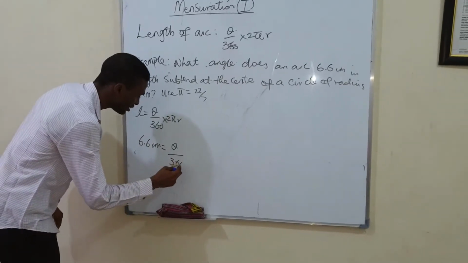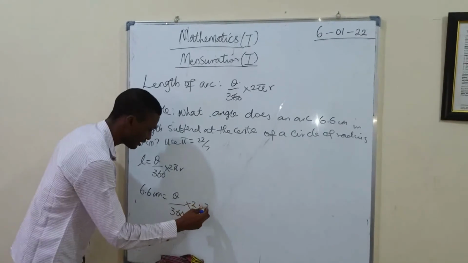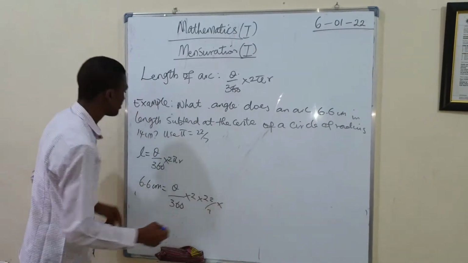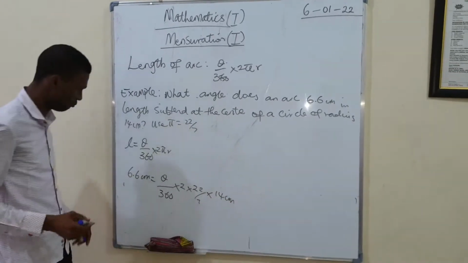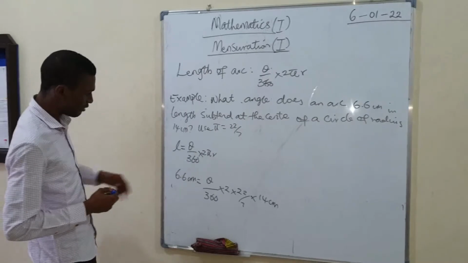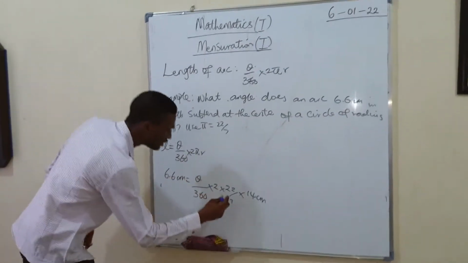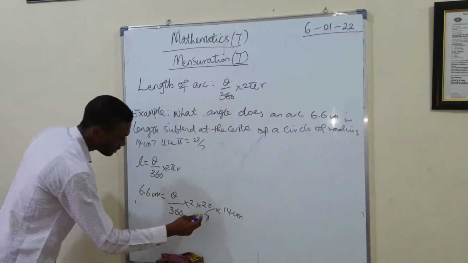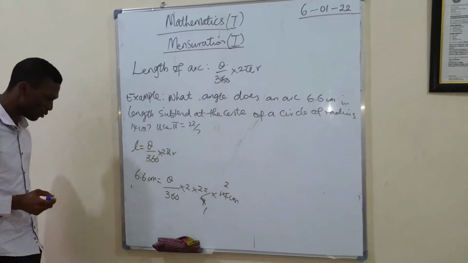Theta over 360 times 2 times our pi, which is 22 over 7, then times our radius, which is 14 cm. We can just simplify by cancelling. 7 into itself is 1, 7 into 14, we have 2.